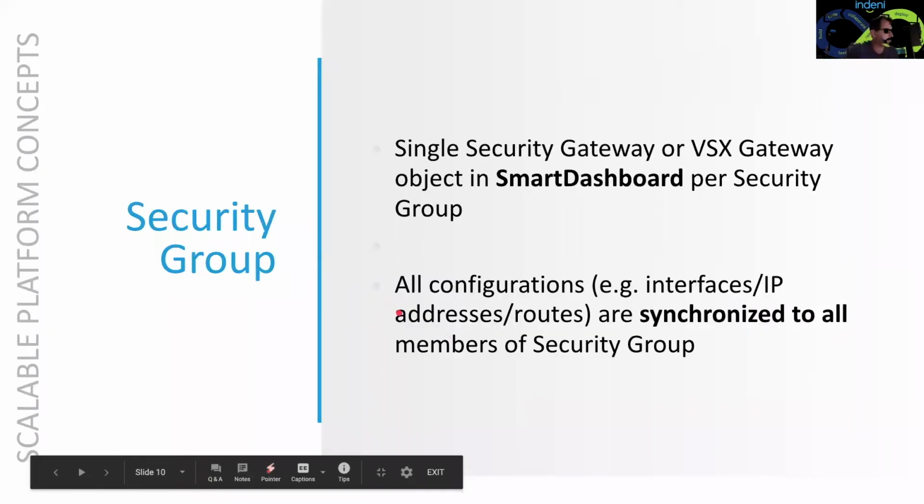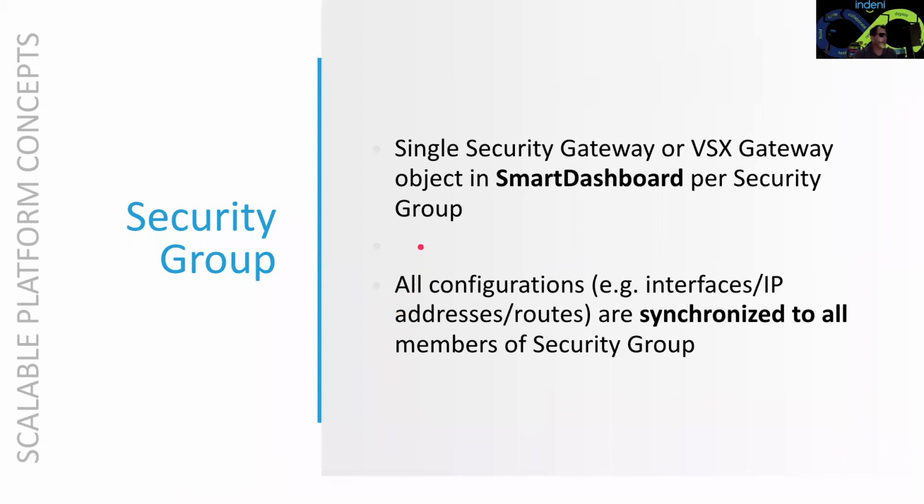Some concepts, very briefly, related to the scalable platforms concept. So, a security group. Check Point supports a single security group or multiple security groups for a given system, for a given deployment. Each of them can be a security gateway or VSX. You use the same SmartDashboard, nothing special in terms of configuration.